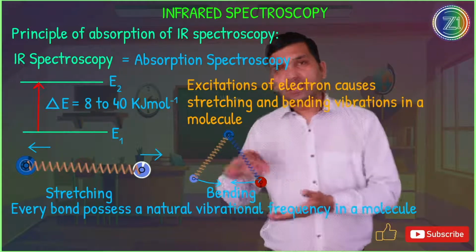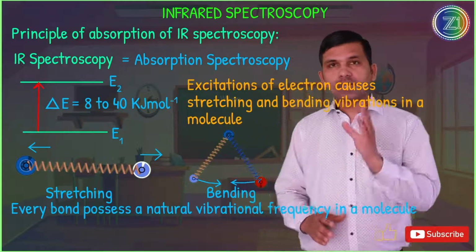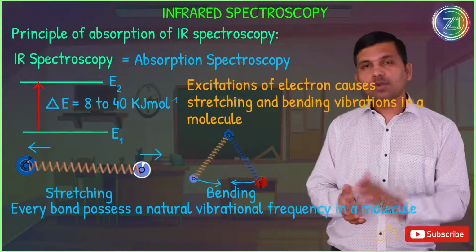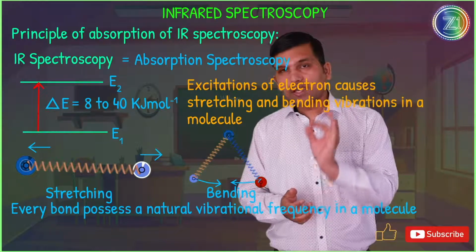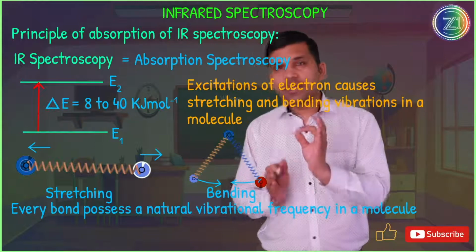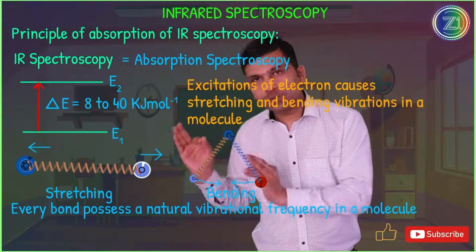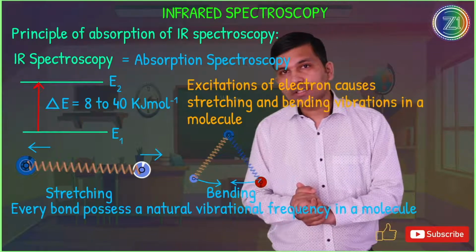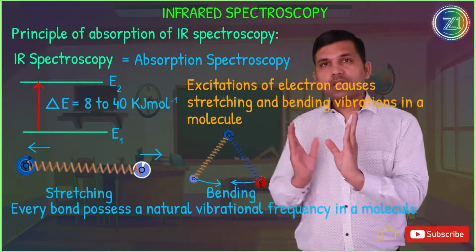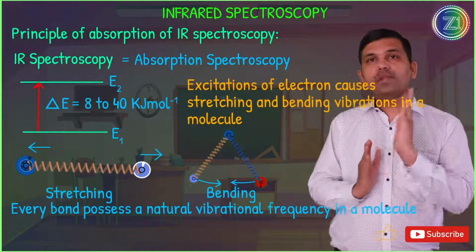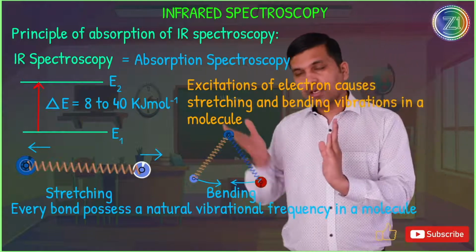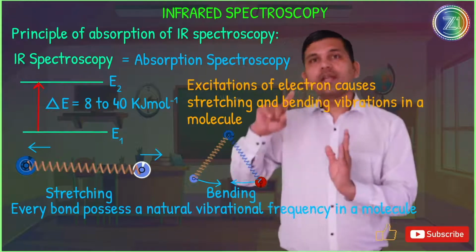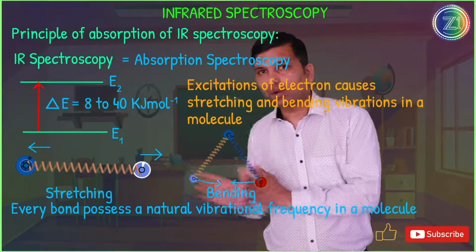Another thing I am going to tell you is that not every bond inside a molecule is going to absorb these radiations. Why? Because there should be a coupling phenomenon between the radiation and the natural vibration frequency of the bond.